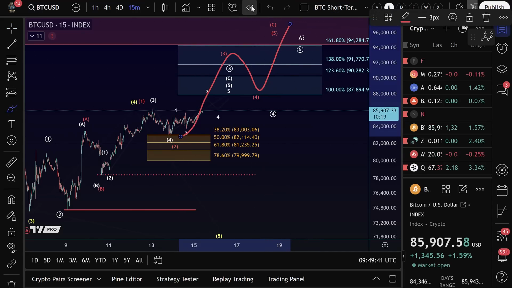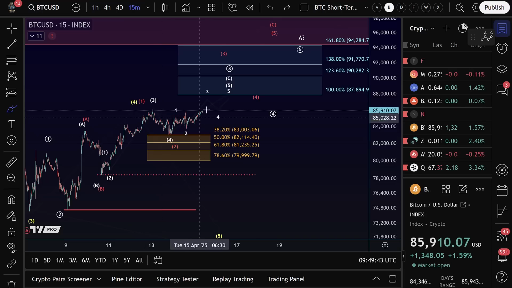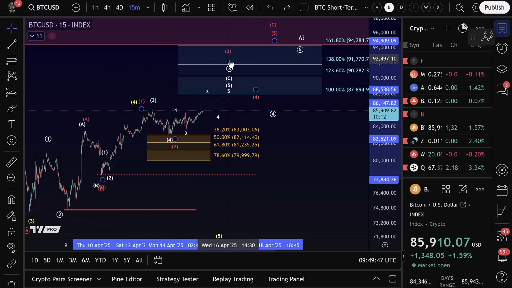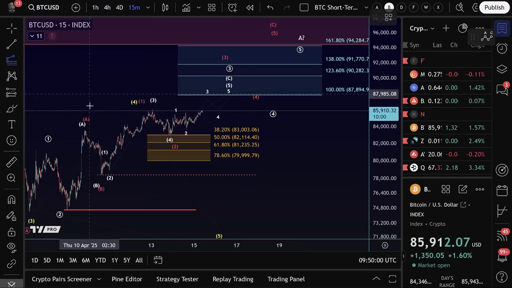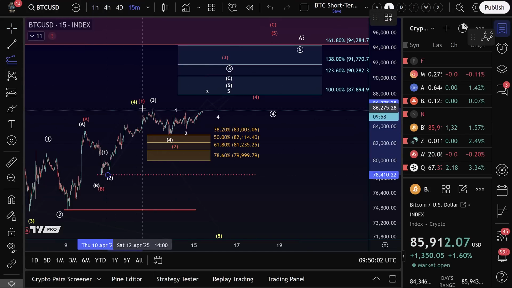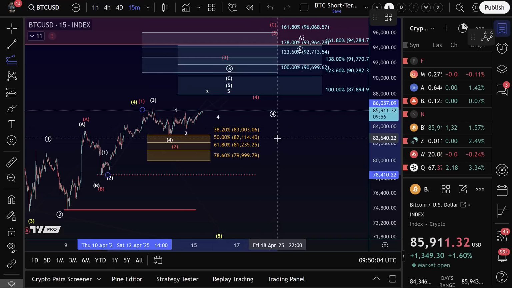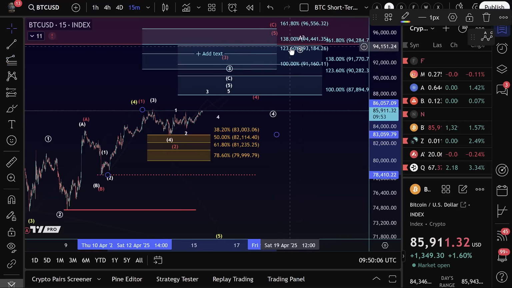However, the difference is probably that in the white count, this 5th wave shouldn't be that long. The red wave 3 could even get to 91,770 or even 94,284. Maybe even higher, because it's a third wave, and normally it should reach the 138% extension of the initial 1-2 setup. So we talk about 94.4K or something.